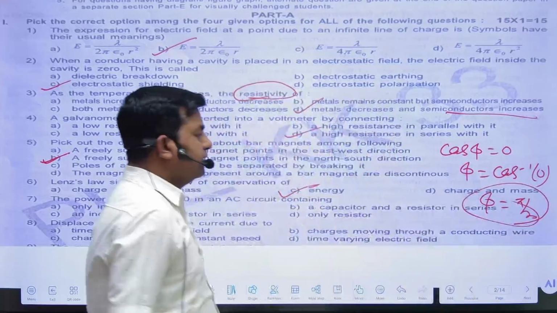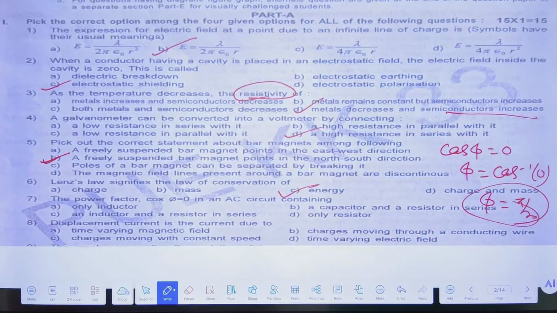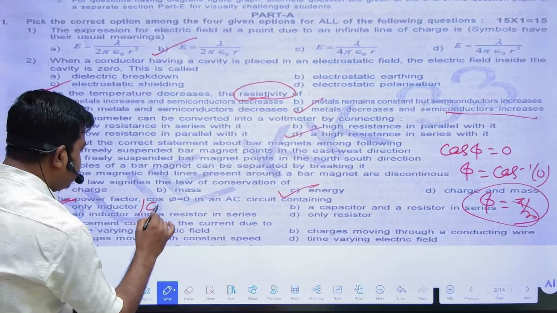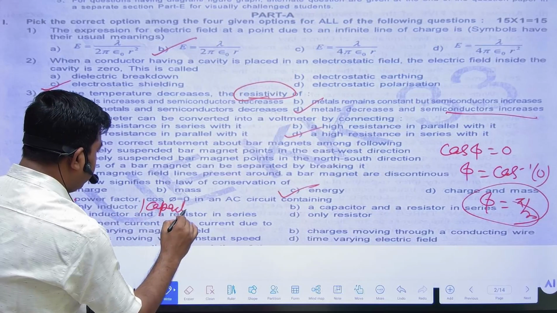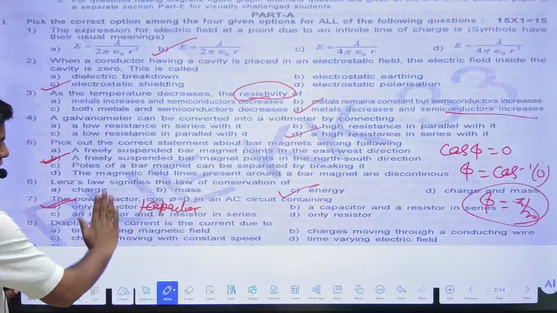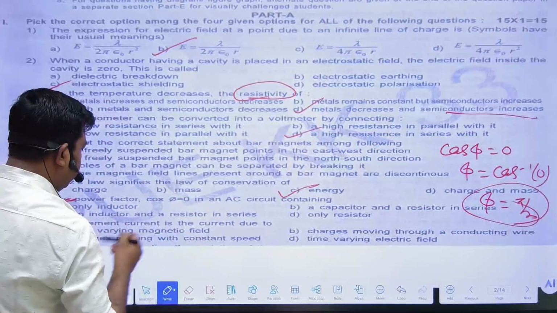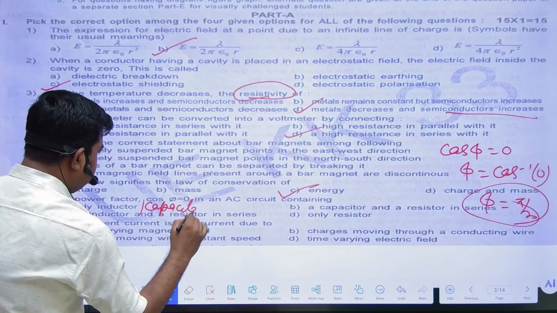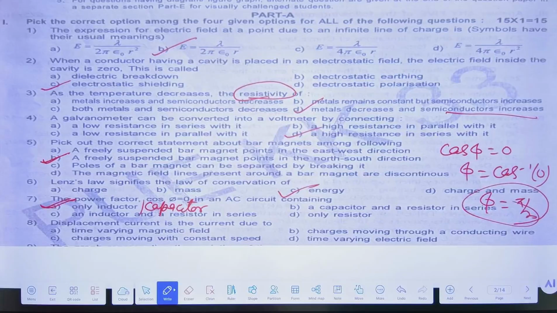That is, the phase difference between voltage and current is π by 2. This happens only in an inductor or capacitor. So option A is correct.